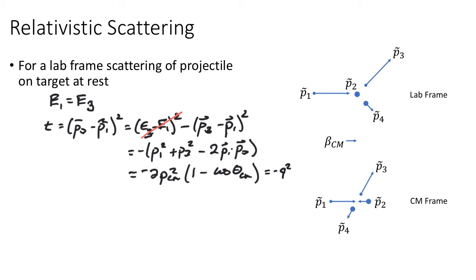And so we can then write that dq squared is 2 times the momentum in the center of mass squared times sine theta CM d theta CM, taking the derivative of this line here.